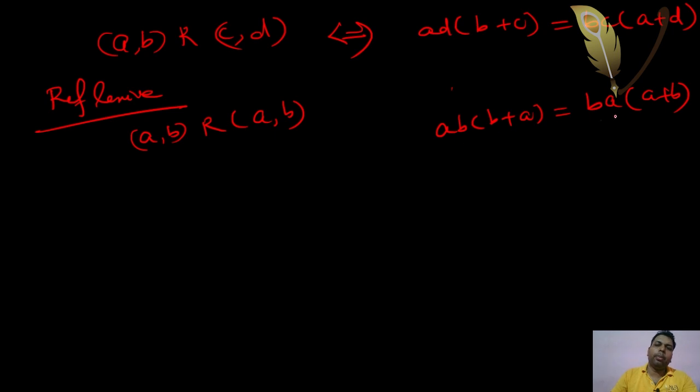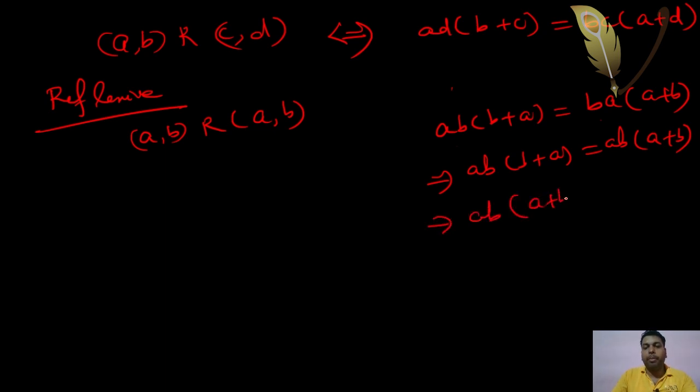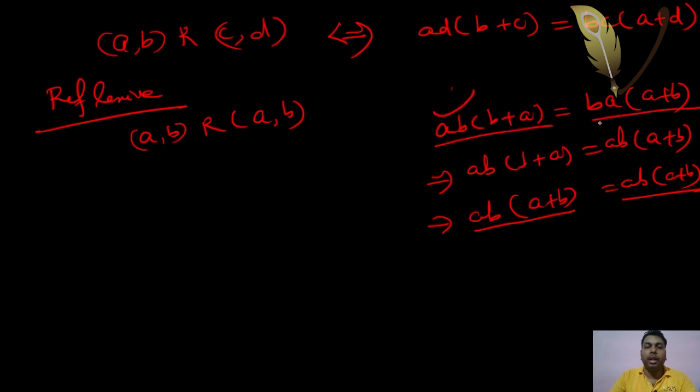Since ab(b + a) equal to ba(a + b), because here ba is same as ab, so ab(a + b) is the same as ab(a + b). That implies ab(b + a) equal to ba(a + b). That implies (a, b) related to (a, b). So it is reflexive.